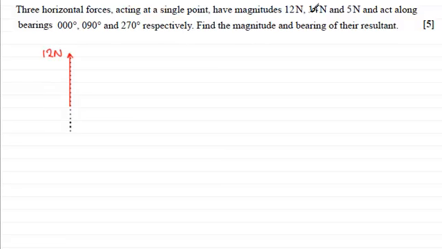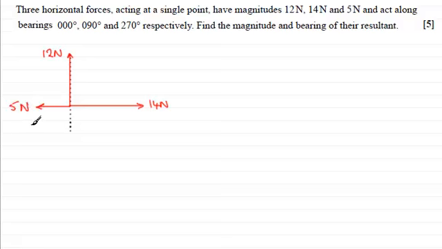Next up is 14 newtons acting on a bearing of 090 degrees, so that's in an easterly sense, 14 newtons in that direction. And finally, we've got 5 newtons acting on a bearing of 270 degrees, so that's from north, turning three quarters of a turn round in a clockwise sense. So that's 5 newtons that way.